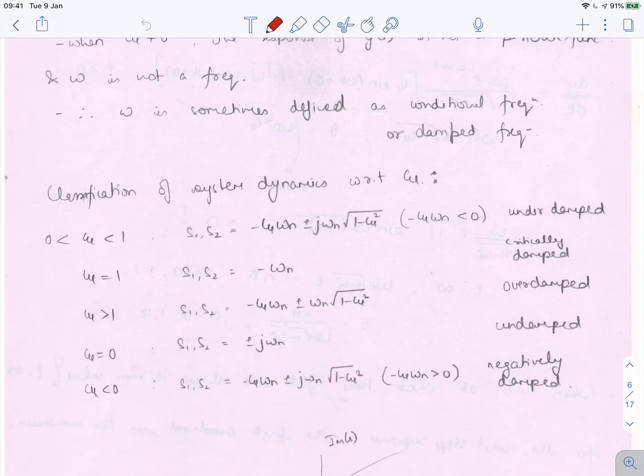So now coming to the classification of the system dynamics with respect to the damping ratio xi. Just to summarize, if we have xi between 0 and 1, we would have S1 and S2 as these poles, where minus xi omega n is less than 0. So we have the underdamped response.